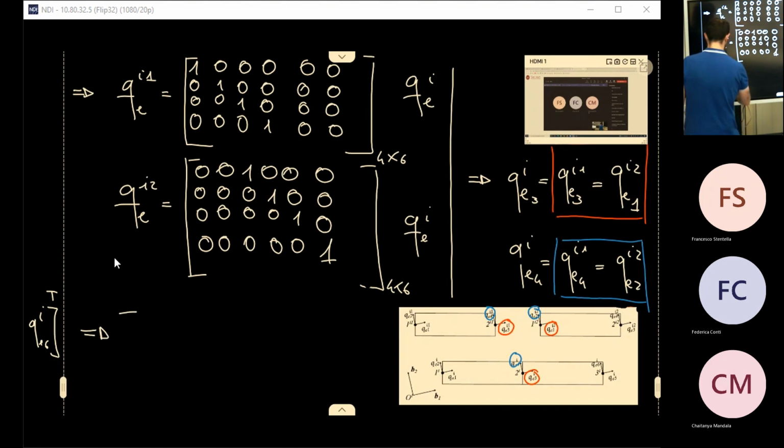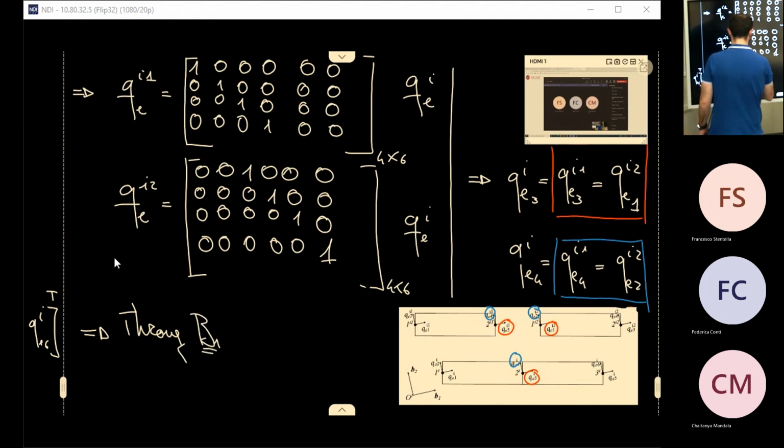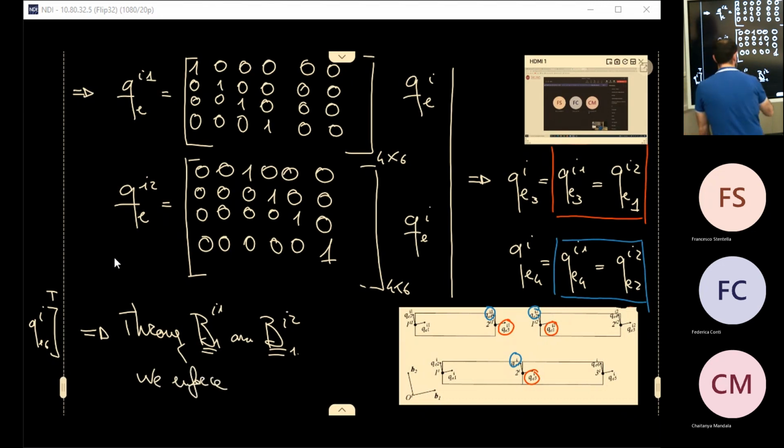So through B1, I1, and B2, B1, I2, we enforce element connectivity.